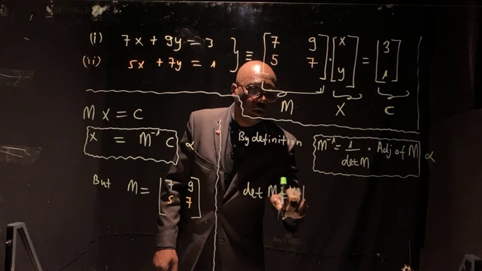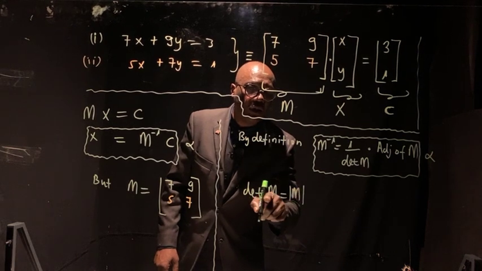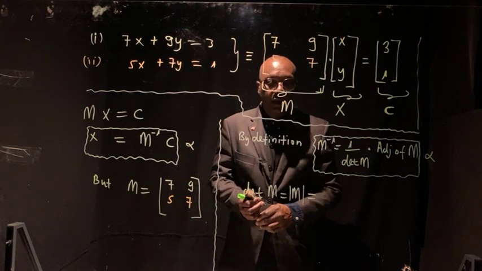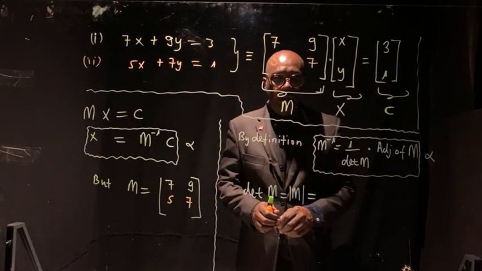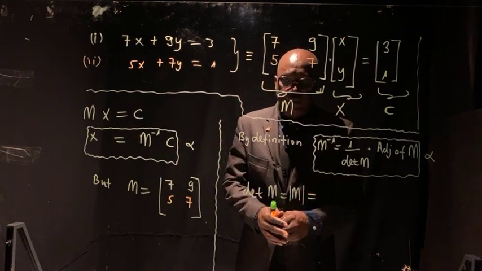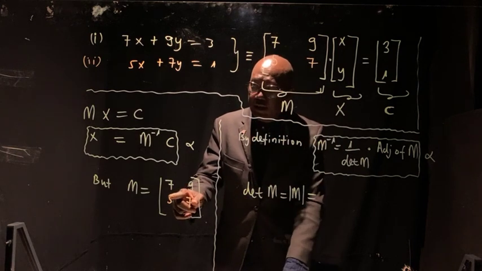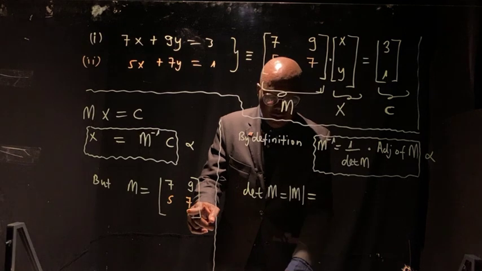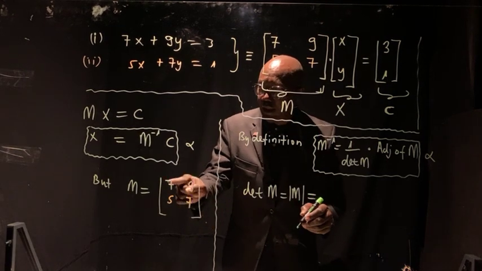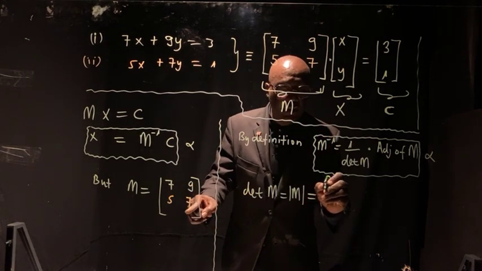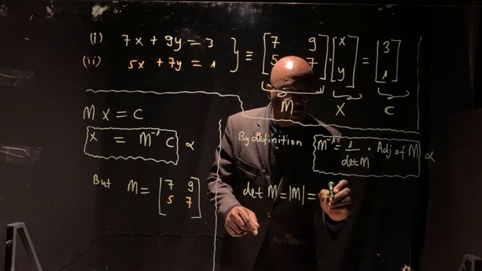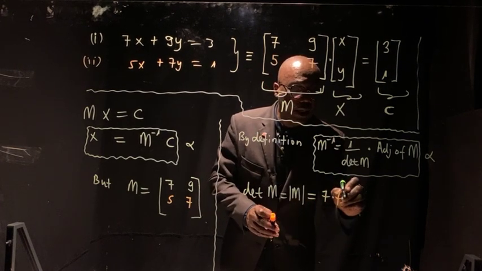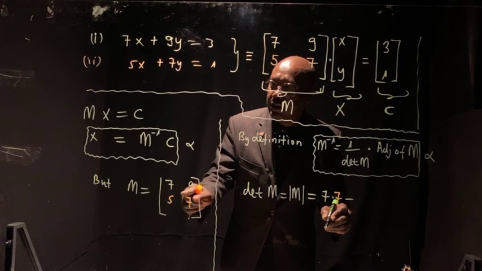If you see this, it means determinant of M. And what is the determinant of M? It's not a big deal. You pick up the M, so the determinant of M will be 7 times 7, minus 9 times 5.